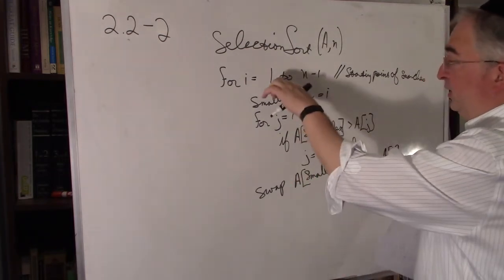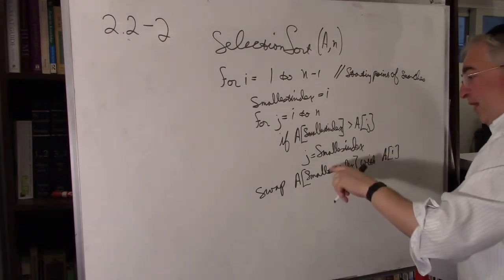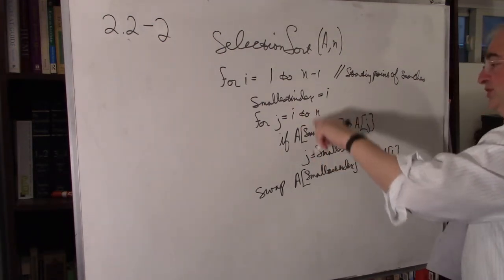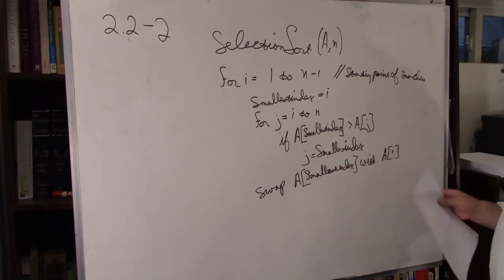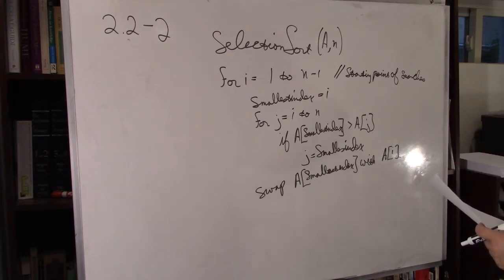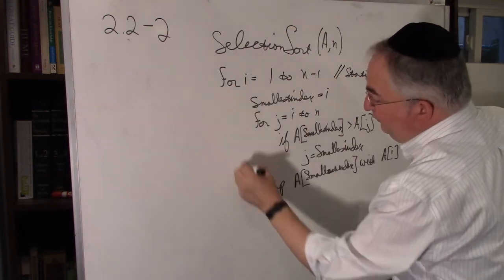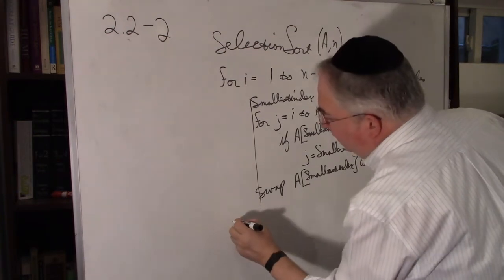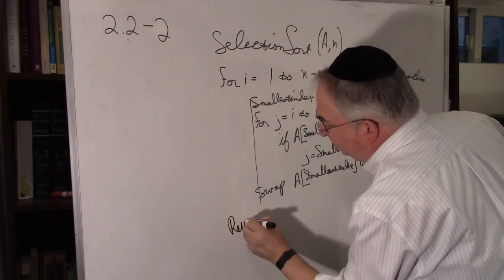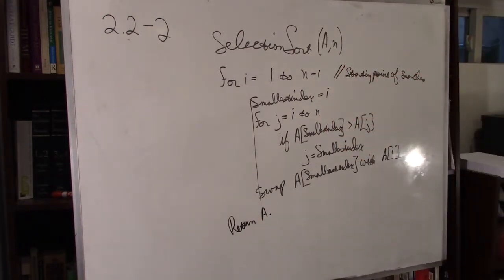You started searching in the ith position. So you found the smallest number, and here you put the smallest number in the ith place. Okay, fine. And when you finish everything, you return A. You're done.